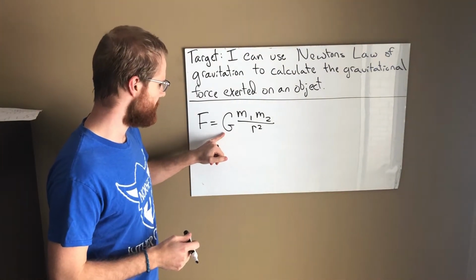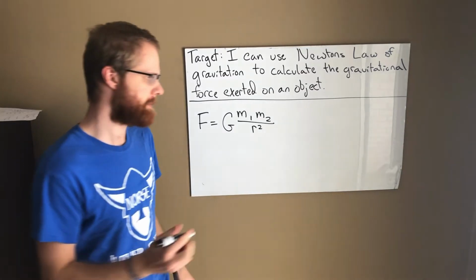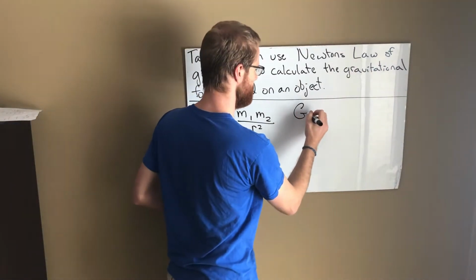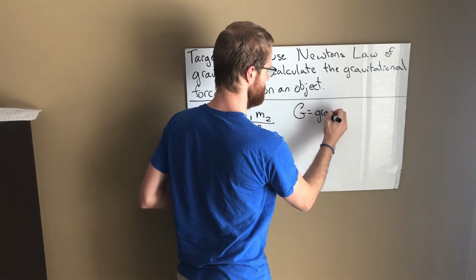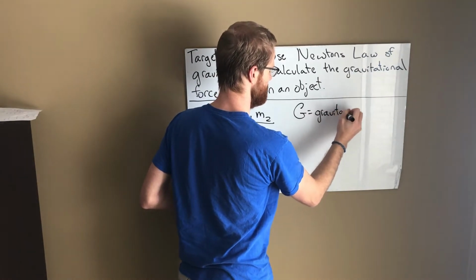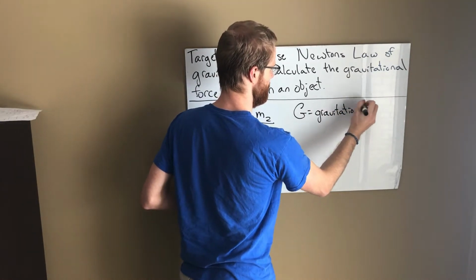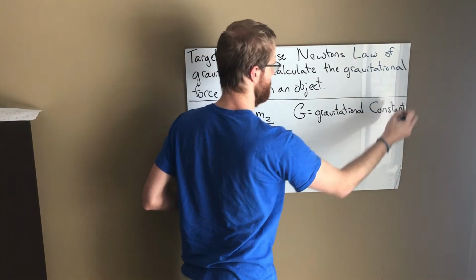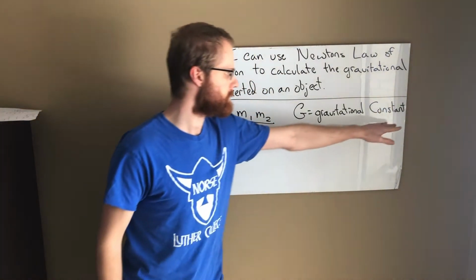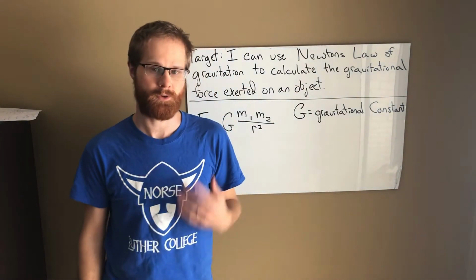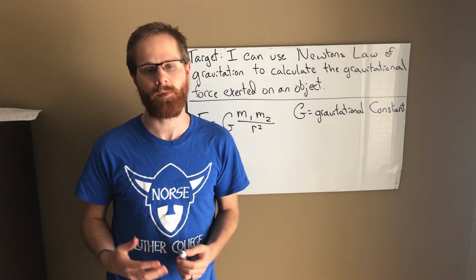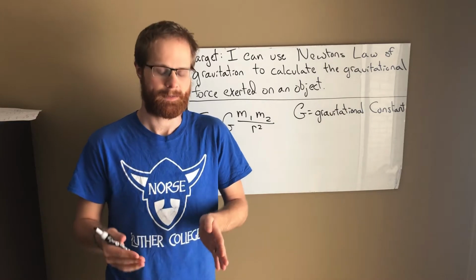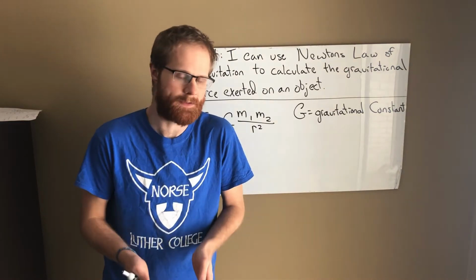let's start with big G. What is big G? G is what's called the gravitational constant. A constant is something that doesn't change no matter what. There are a couple of numbers in our universe that are always the same.